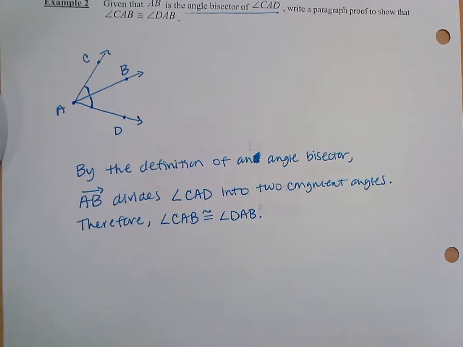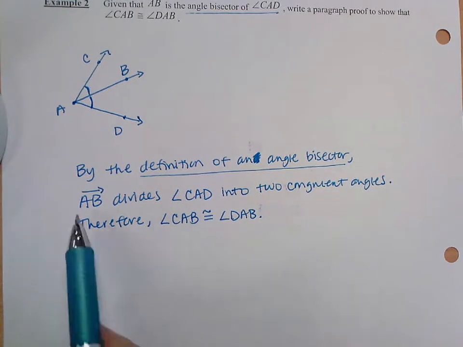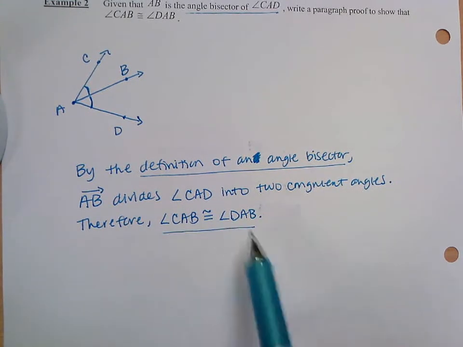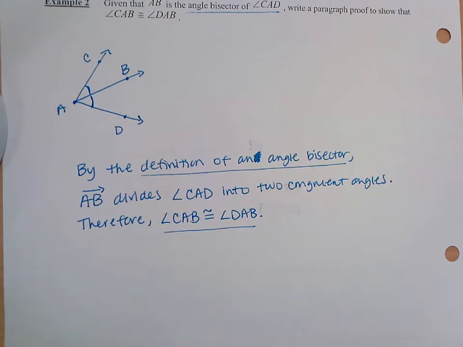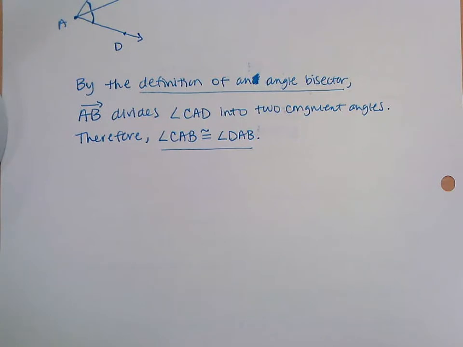That's really all I have to say. It's by the definition of an angle bisector. This is what that means, and therefore the two angles would be congruent. Okay, so a paragraph proof doesn't necessarily mean you're going to have 5+ sentences. It just means you're reasoning through it and writing it in sentences, whether that's a couple sentences or more.